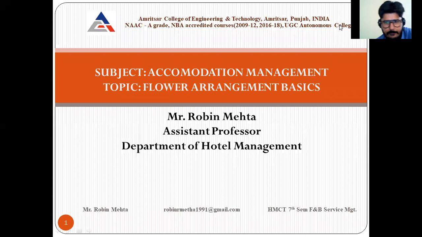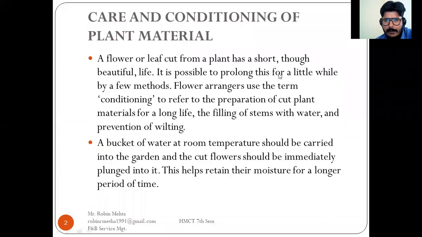So let's start with the first slide: care and conditioning of plant material.